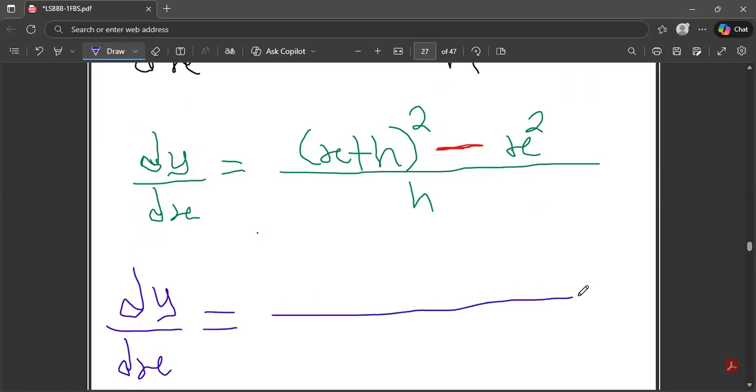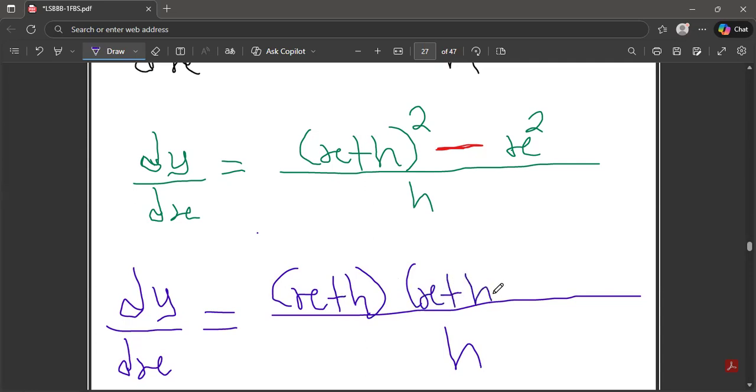What you are seeing over there on the numerator means two brackets. So it means x plus h in one bracket, and also another x plus h. I hope you have seen this concept before.